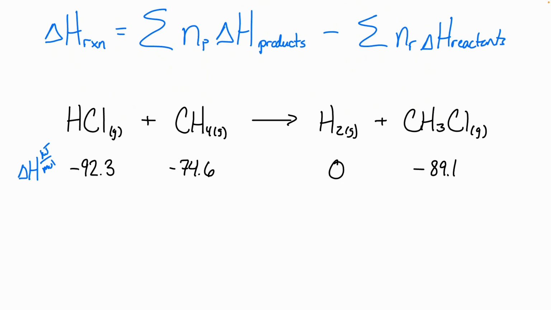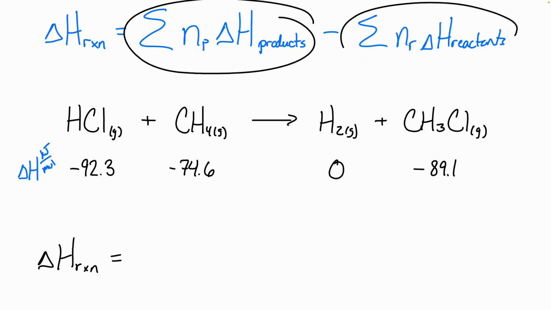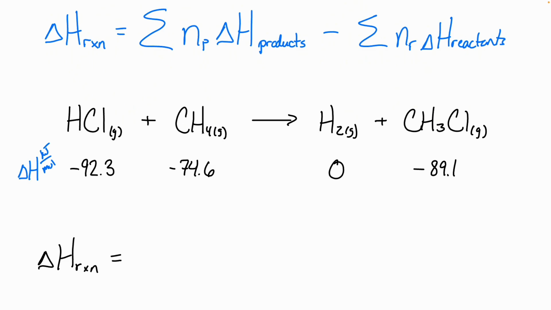All right, so then everybody take a second and calculate the delta H of this reaction by taking the sum of the products and subtracting the sum of the reactants.